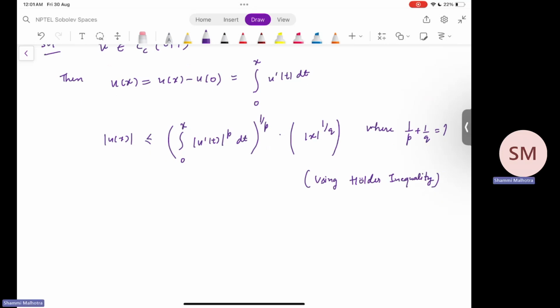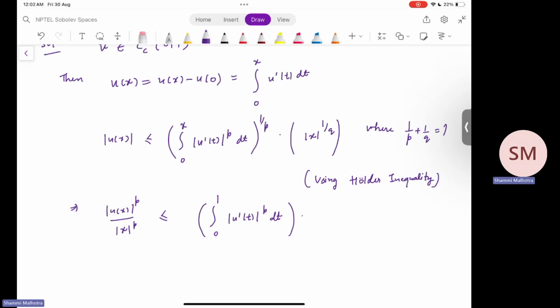Next, we want this power of u(x) divided by |x| to be less than or equal to, and we can also take the whole power p. So this will be the integral from 0 to 1 of |u'(t)|^p dt.